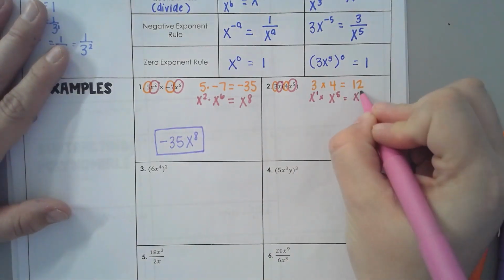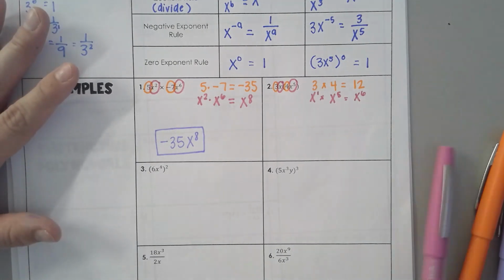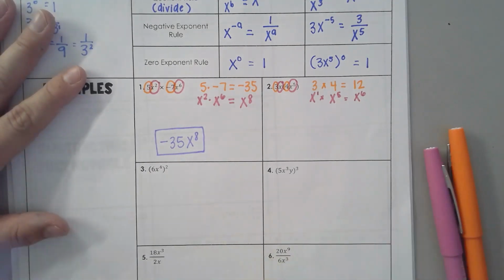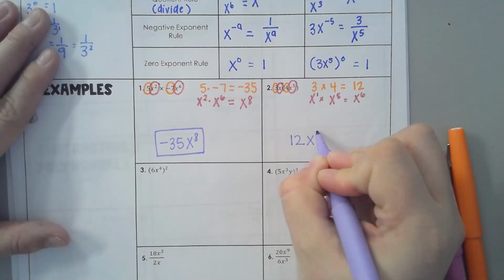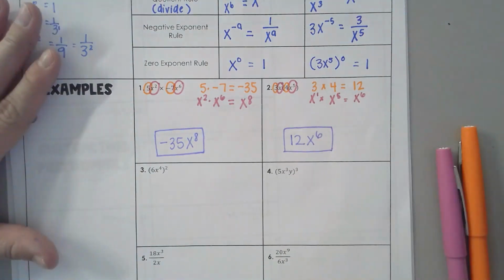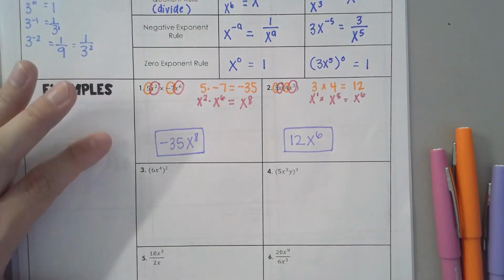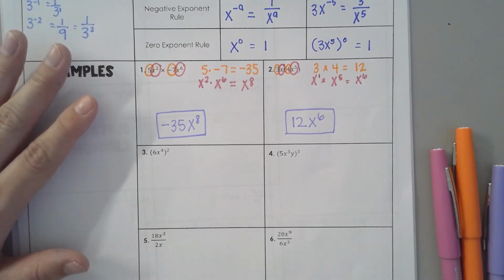You add the exponents, so 1 plus 5 is 6. So 12x to the 6th. Any questions?